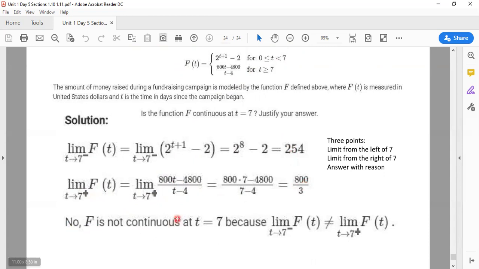So no, f is not continuous because the limit from the left and right don't match. Now, that would be the answer with reason. That is acceptable. But I would really rather you ended up saying the limit as x goes to 7 does not exist and is not equal to f of 7. So f of 7 is also something that we need to talk about.